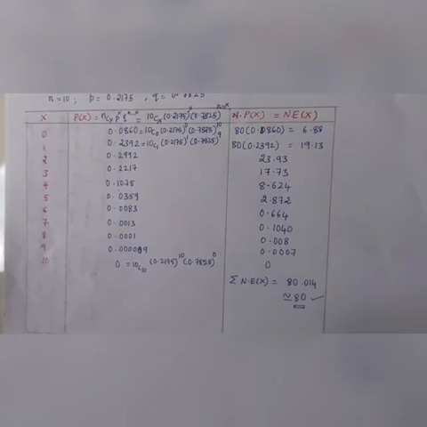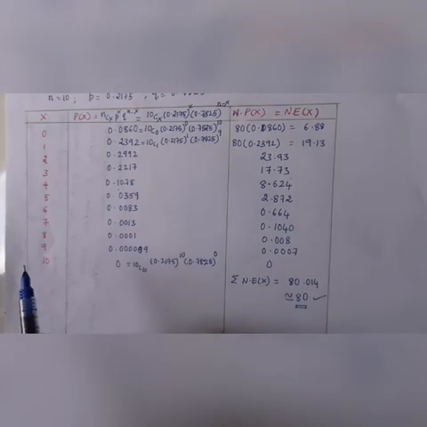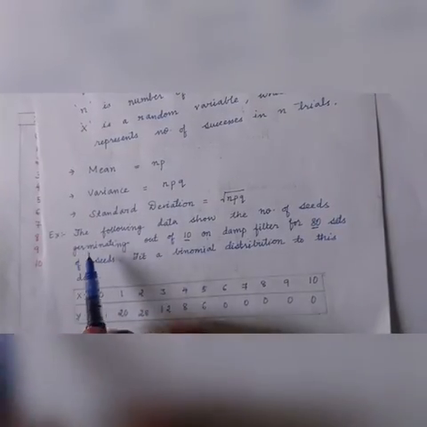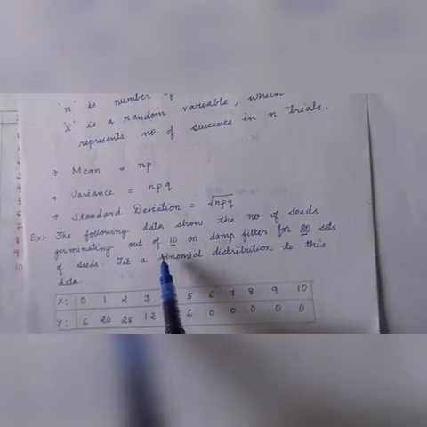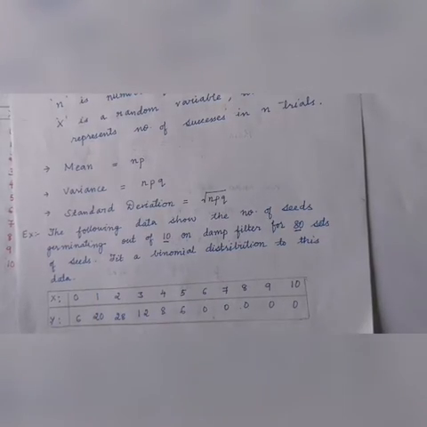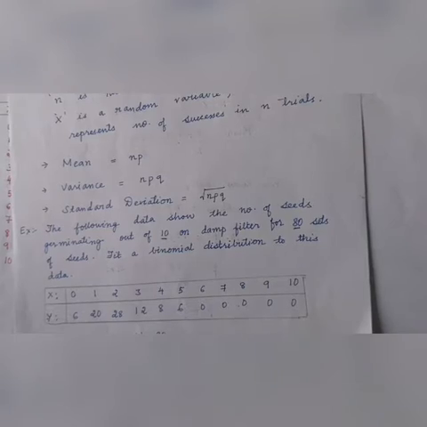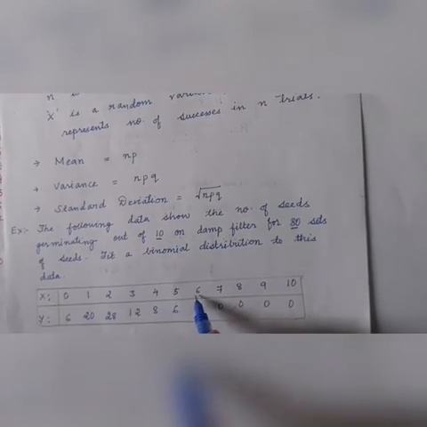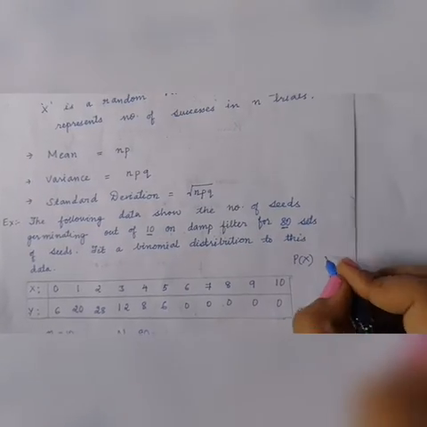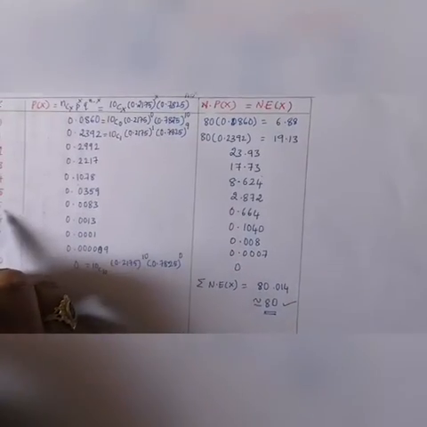Now if they ask you a question, the question was: the following data shows the number of seeds germinating out of 10 on a damp filter of 80 sets of seeds. Now if they ask, what is the probability that exactly 6 seeds germinate? So you have to calculate p of 6. We have already calculated p of 6 here.